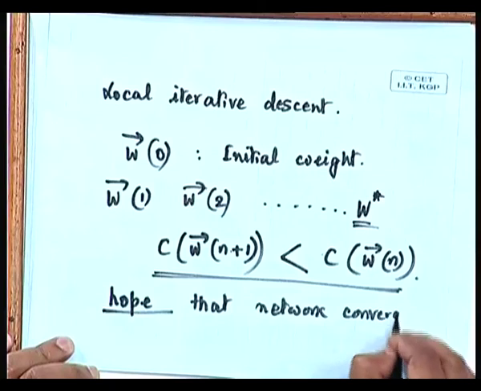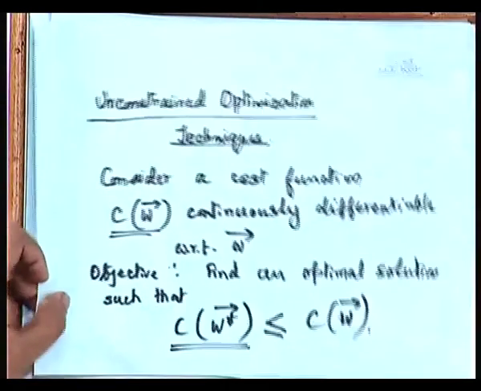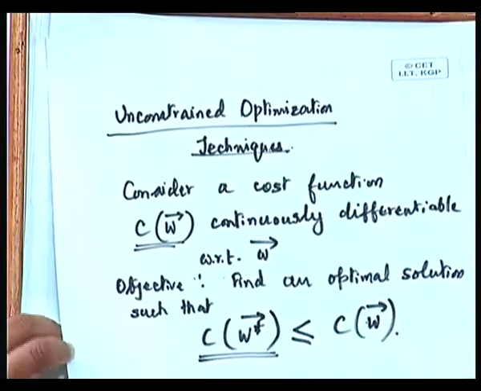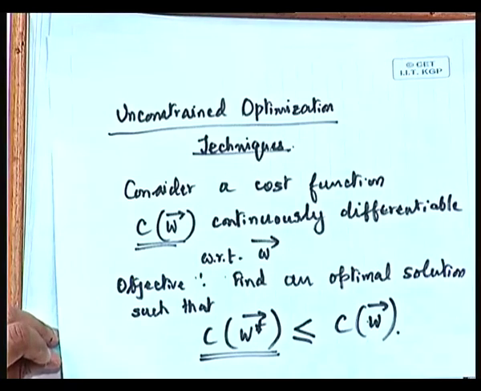I purposefully write the word hope, because sometimes our hope may not be fulfilled, and under what condition the hope does not get fulfilled, that also we have to find out. So, now we are talking about unconstrained optimization. We are going to describe a few standard techniques for unconstrained optimization.